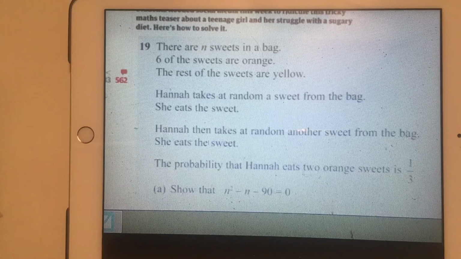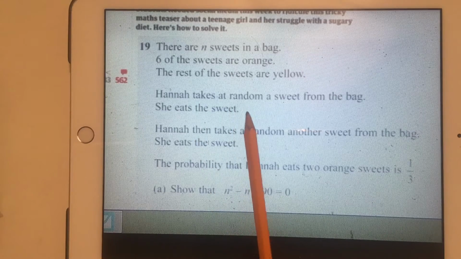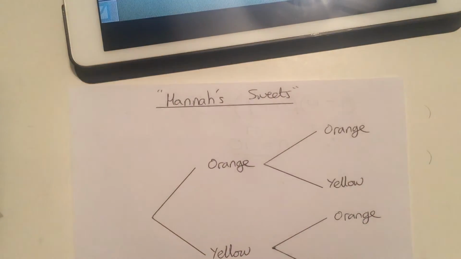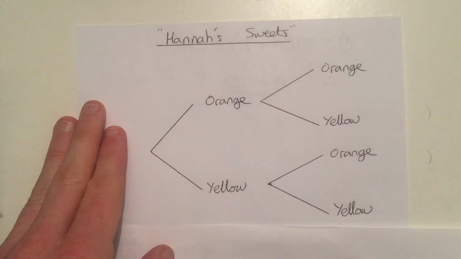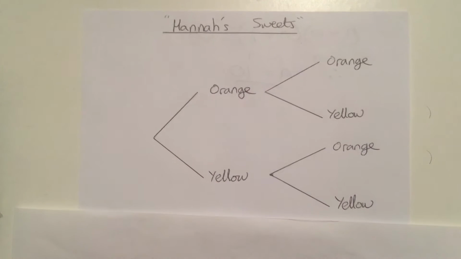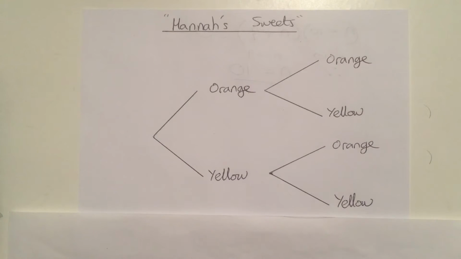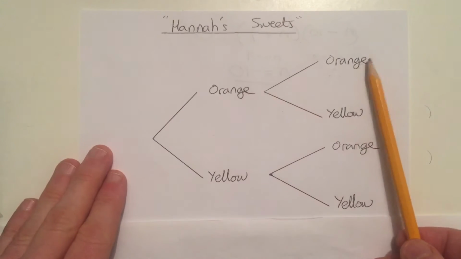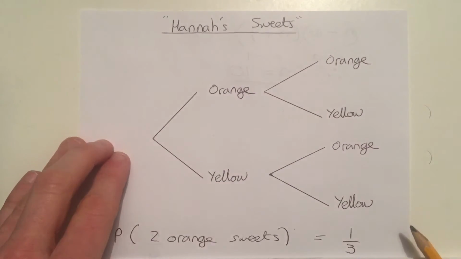So let's start drawing this out with a tree diagram, because we know that there are orange sweets or yellow sweets. We know that she took a sweet at random from the bag and then took another one. So here is the beginning of my tree diagram. And it told me that the probability of her eating an orange sweet and then an orange sweet was 1/3.